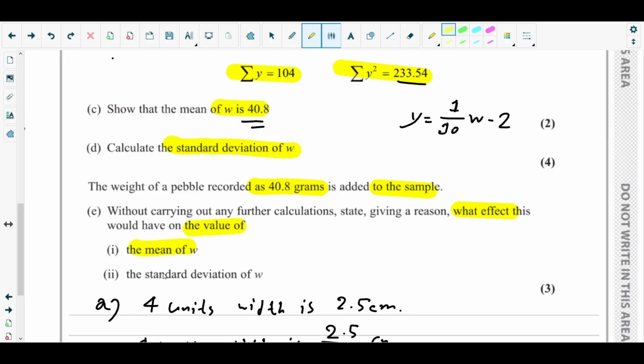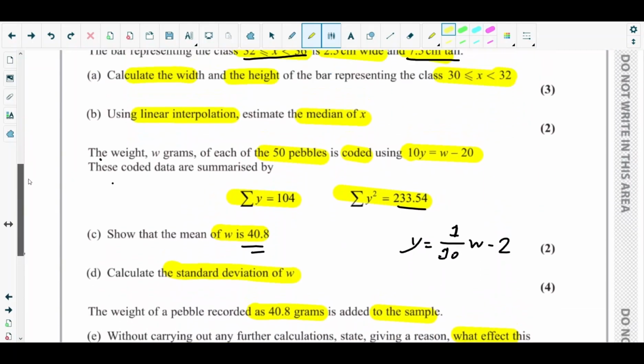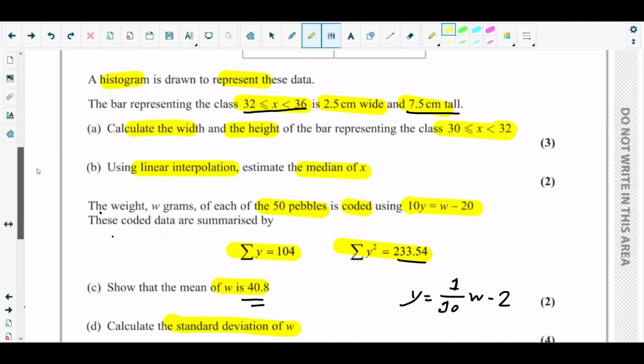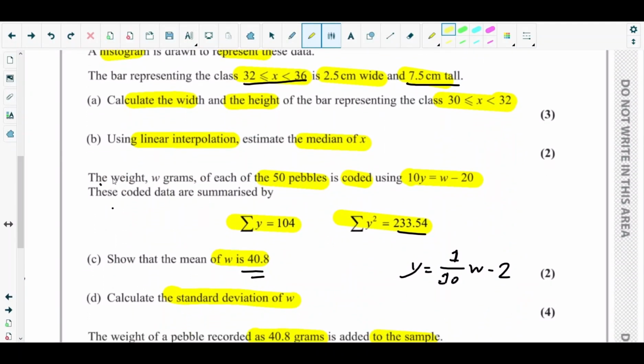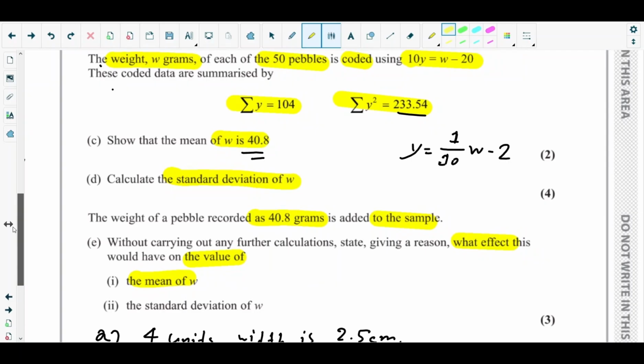The weight of the newly added pebble is 40.8, and the mean weight was also 40.8.